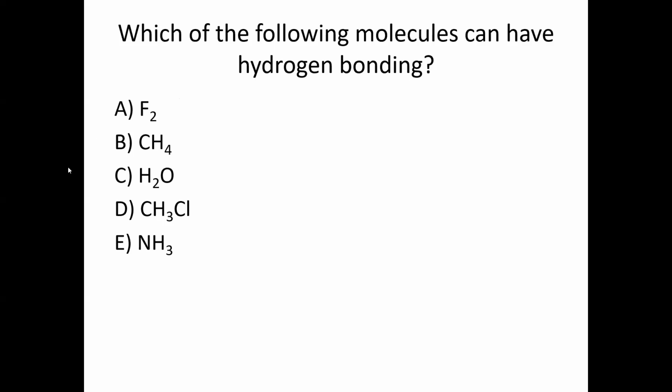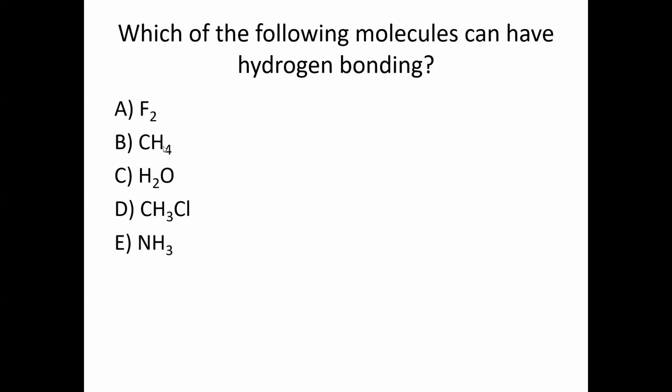So the fluorine molecule has a dipole because, as illustrated before, the two fluorine atoms are equally electronegative. So it is non-polar. There's no permanent polarity here, but there will be some instantaneous dipole formed between the two of them when they come together. So the fluorine molecule will have dipole interaction.